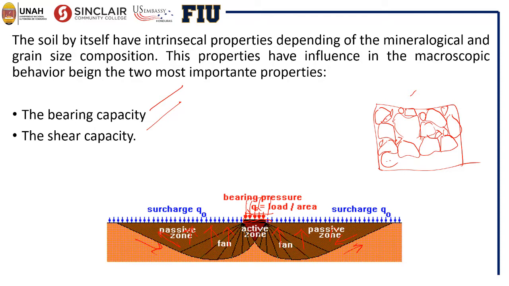The bearing capacity is related to the normal stresses the soil can withstand in this zone, and the shear capacity is related to this kind of failure surface that a soil below a footing system can develop.